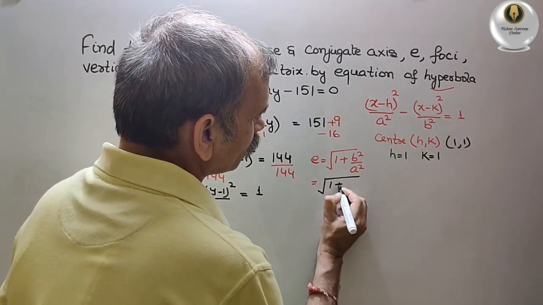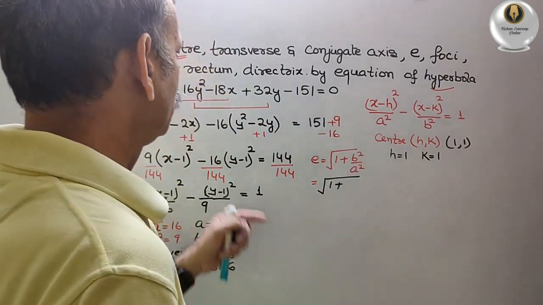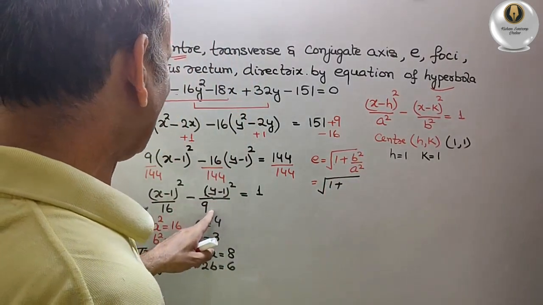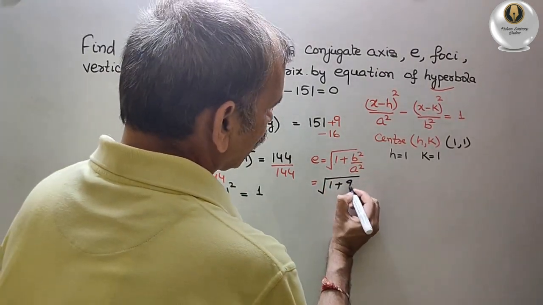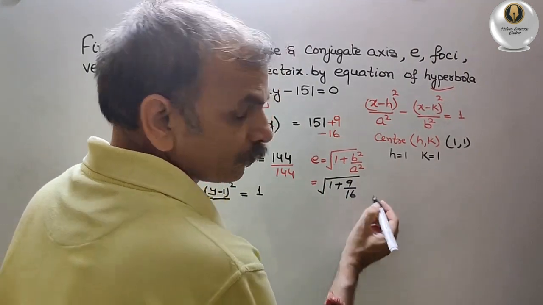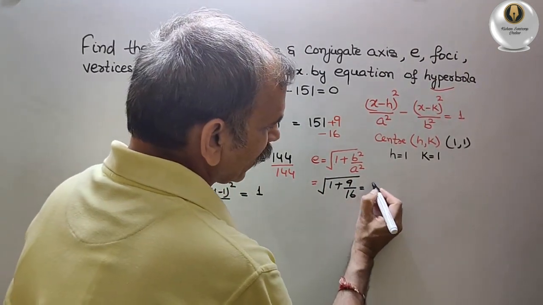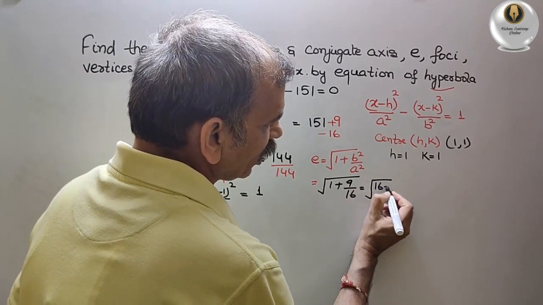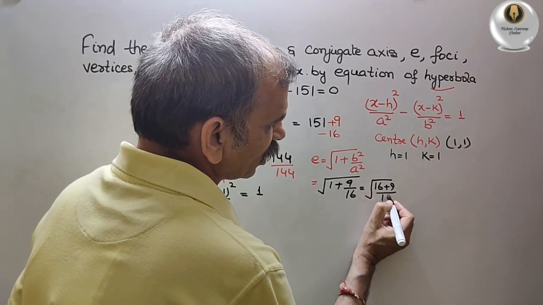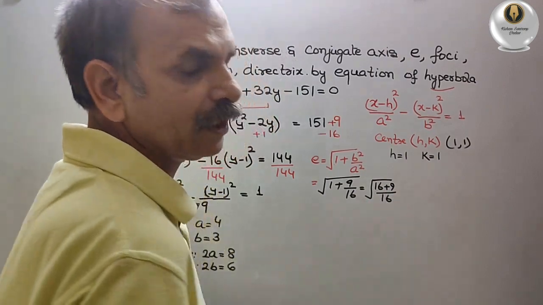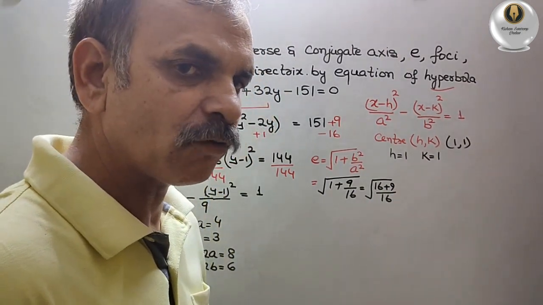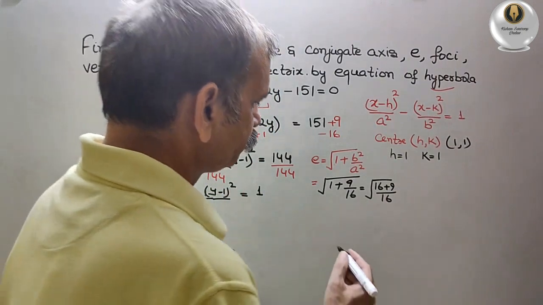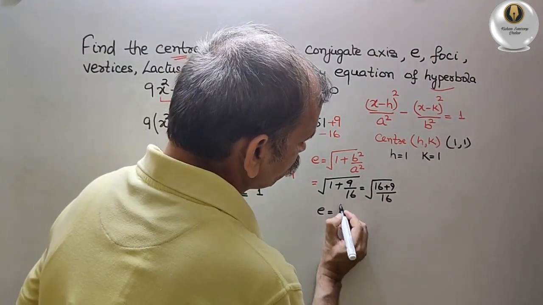Root under 1 plus b square. So b square is what? 9. So we will get 9 by 16. Therefore you will get root under, take the LCM, it will be 16 plus 9 by 16. That is equal to 25 by 16. That is equal to 5 by 4. So eccentricity is 5 by 4.